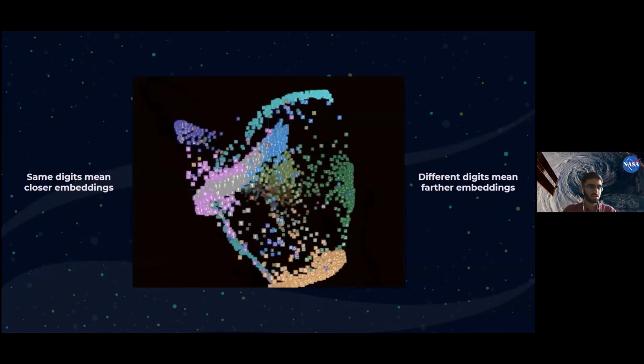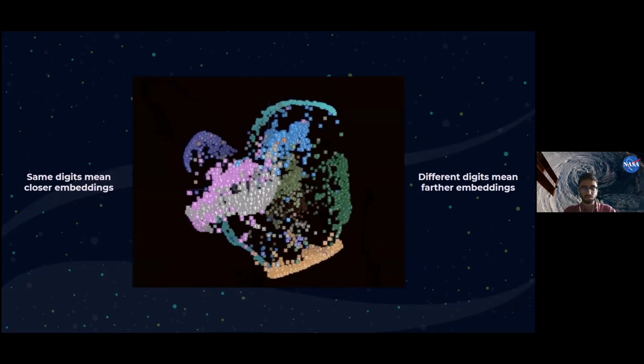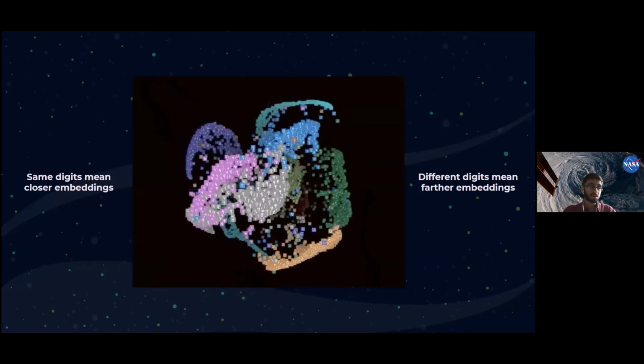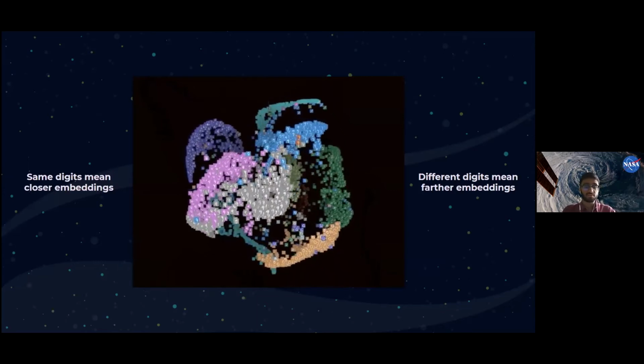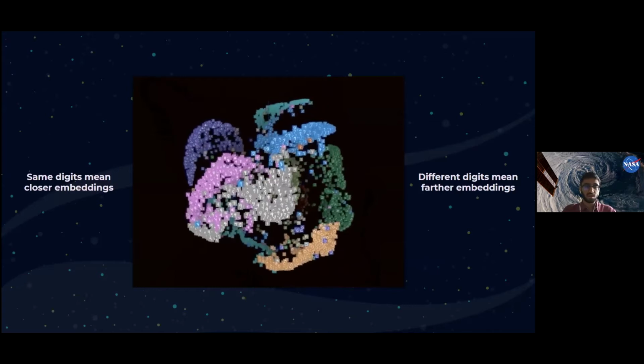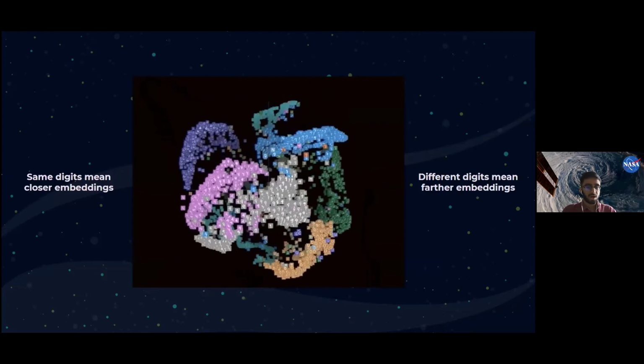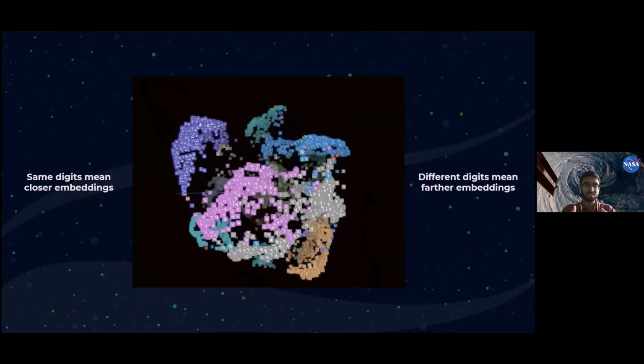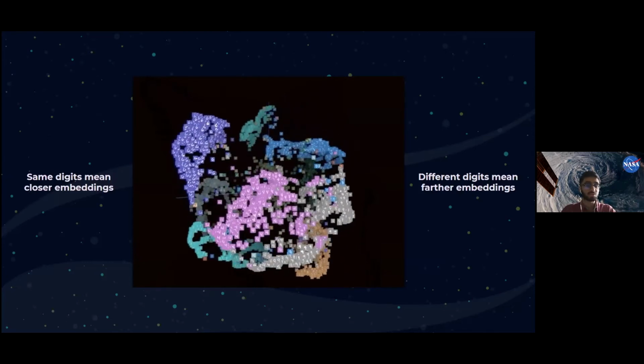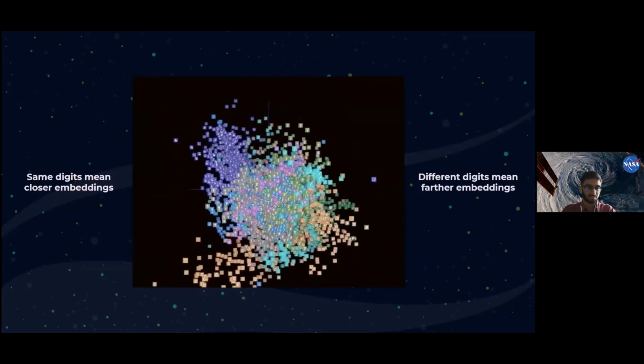So as you can see, all the ones started appearing together, all the twos started appearing together, and so on. But also different digits are far from each other as well. 8s are far from 2s and 0s are far from 7s. This property of similar objects having similar embeddings is going to be crucial for balancing datasets in the future.